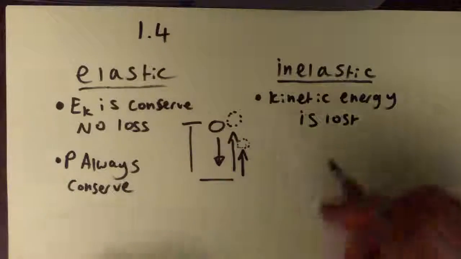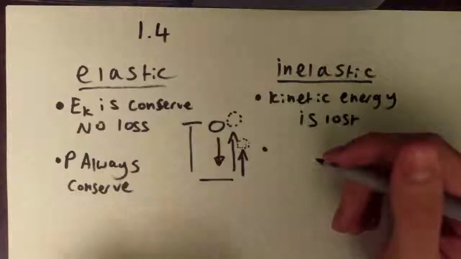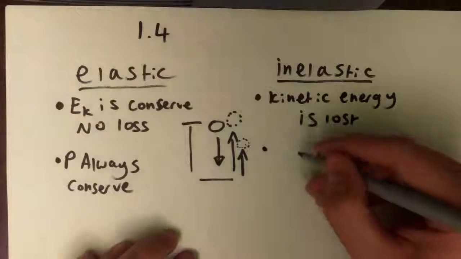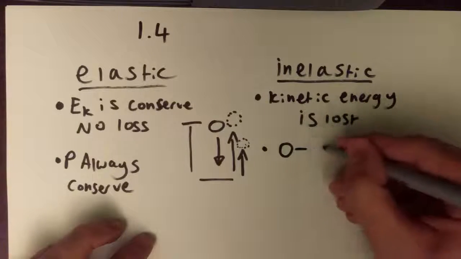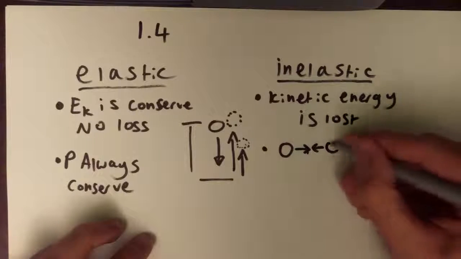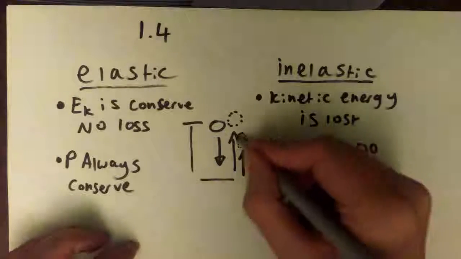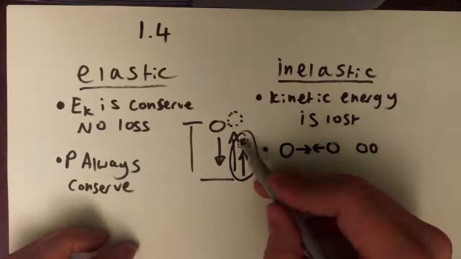But in an inelastic collision, generally the case is two objects sticking together. So imagine two cars crashing, getting stuck together. That would be totally inelastic. Partially inelastic would be the case of the ball, where it doesn't quite reach its maximum height.